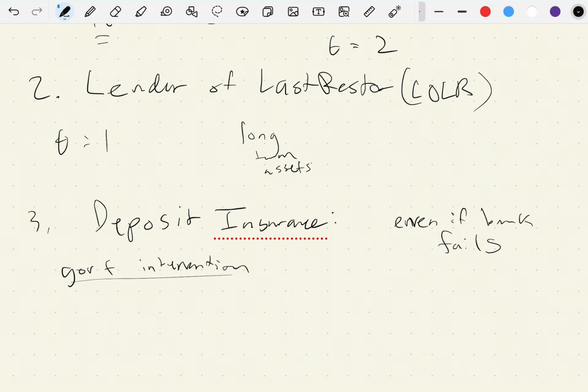It's basically government intervention. This is the function of a government, in an economic sense. A credible government guarantees to repay depositors in full and removes any reason to panic.